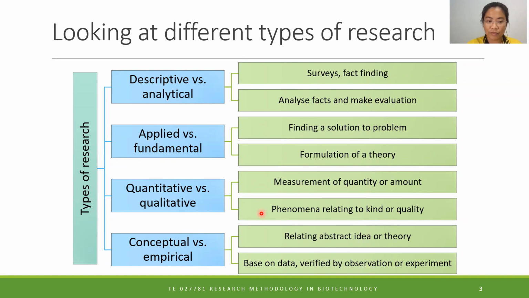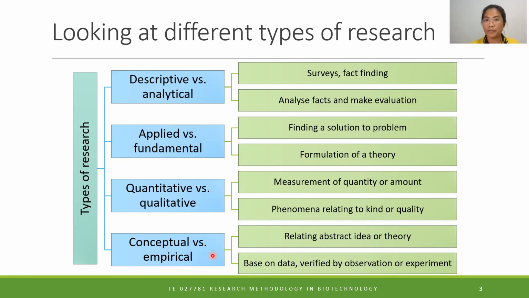Another type, which is qualitative research, is the phenomena relating to kind of quality. So again, likely our research is more into quantitative research because we are getting numbers, we are trying to explain something using numbers, okay?